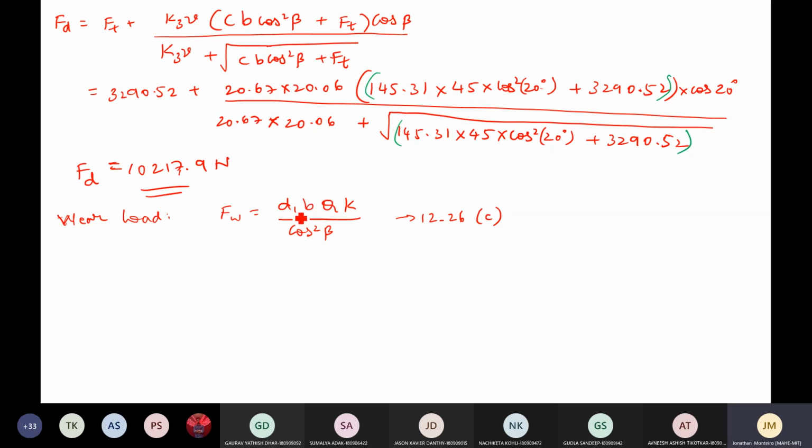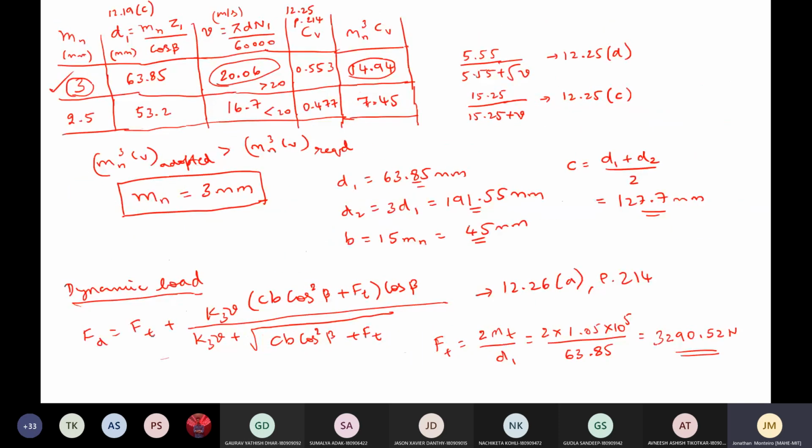And this is with respect to the pinion itself, D1. So let us see what we get. Let us go back to our calculation and see what D1 and D2 we got. D1 is 63.85 and D2 is 191.55. The ratio is 1:3.